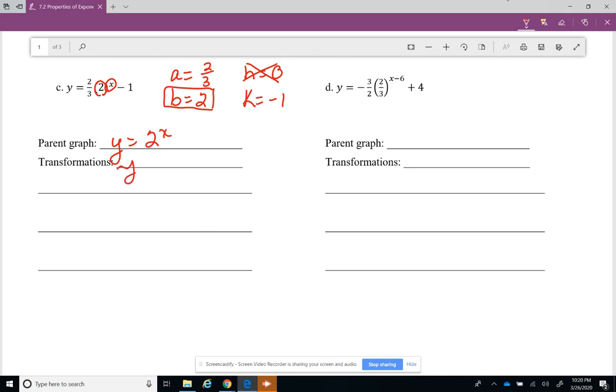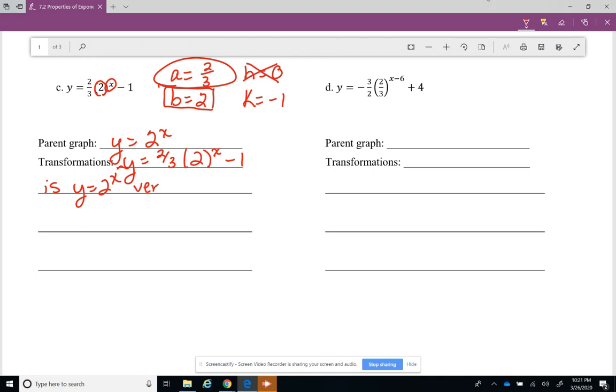So y equals 2/3 times 2 to the x minus 1 is the parent function, which is y equals 2 to the x. And let's go ahead and do the 2/3. That's going to be either a stretch or a compression. Since it's a fraction, it's less than 1, it's going to be a compression.